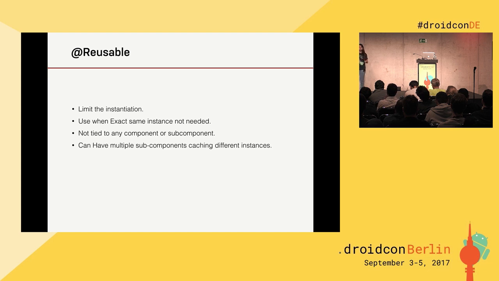So we might end up with multiple instances of the same dependency. What we should use it for is heavy immutable objects, so that even if the state of that particular object gets changed, it shouldn't affect the whole application.